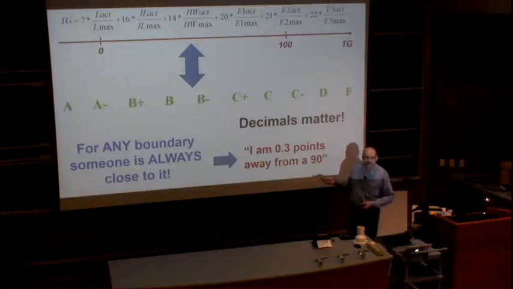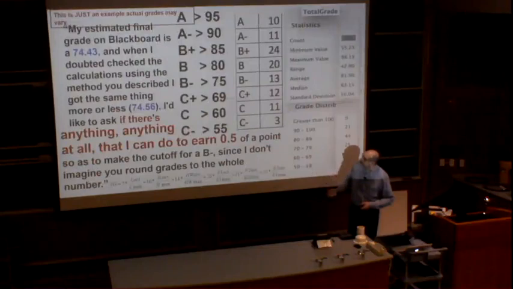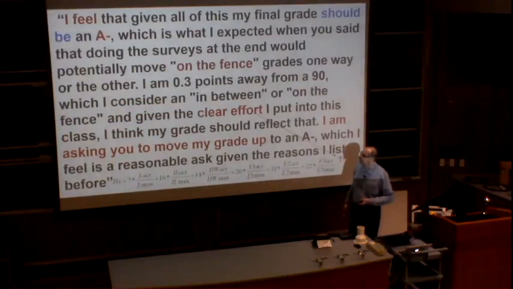That might mean on a fence. It probably was in one of the students' emails somewhere here. That's what the student wrote: I'm on the fence. So the student thought correctly that his grade was close to another letter grade and asked me to boost it. And I said, that's impossible. Fence means close.